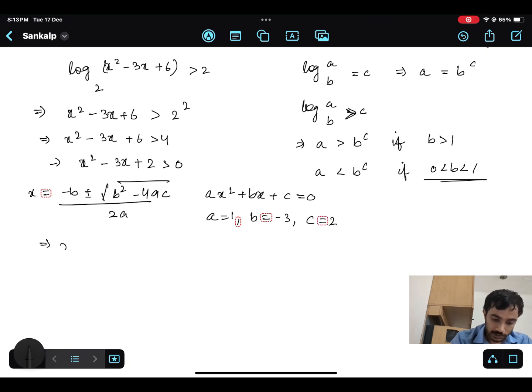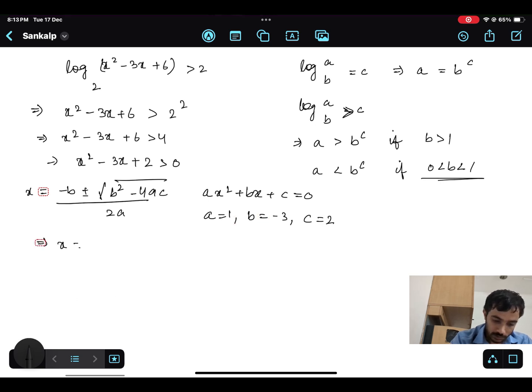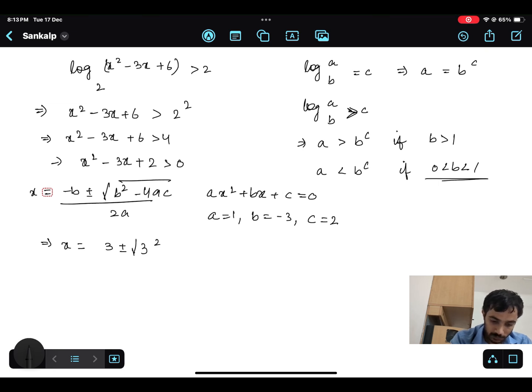So we get x as minus b plus or minus square root of 3 square minus 4 into a into c by 2 into a.